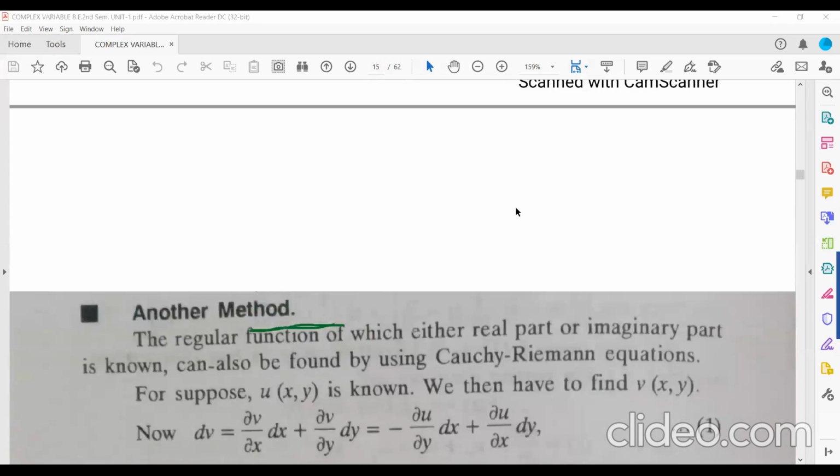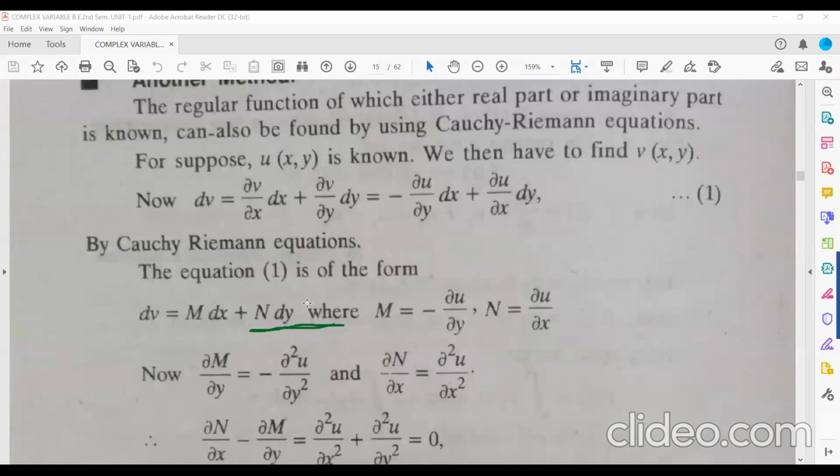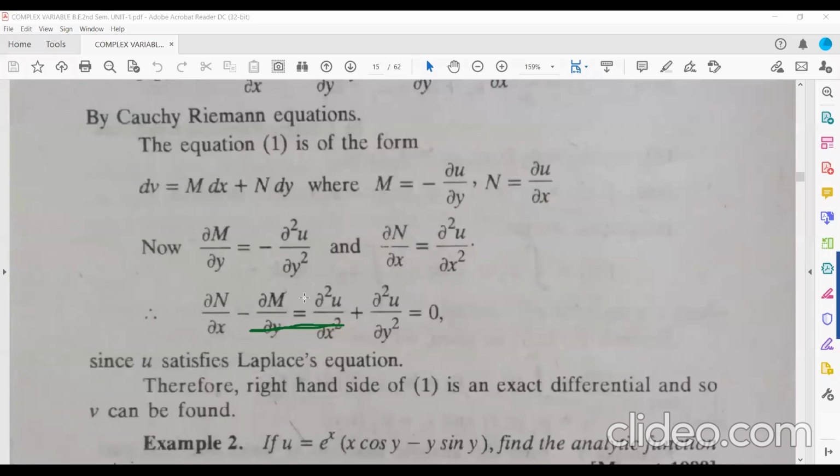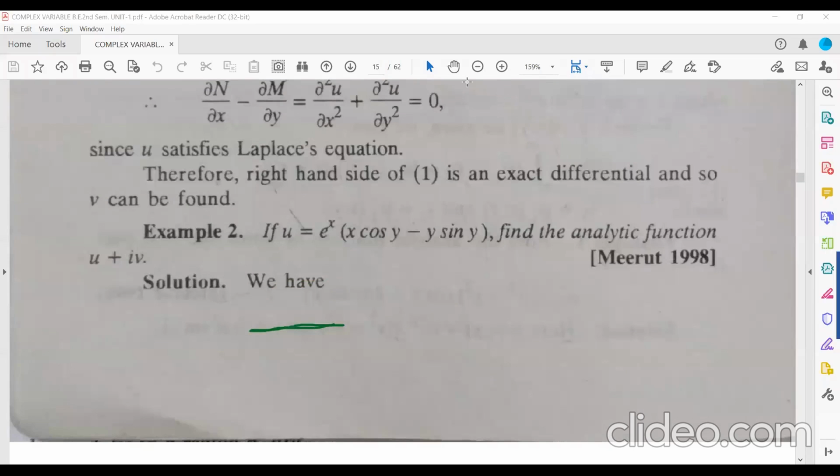Okay, so next, there is another method by which you will also be able to find it. I'm explaining one problem here. Suppose u is given, find the analytic function u plus iv.